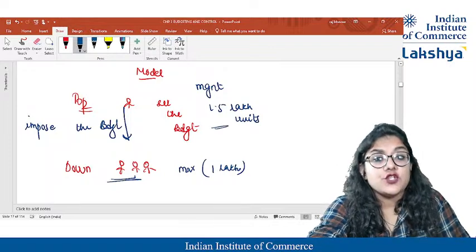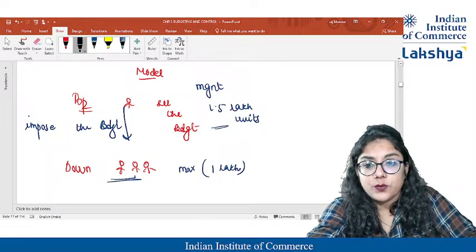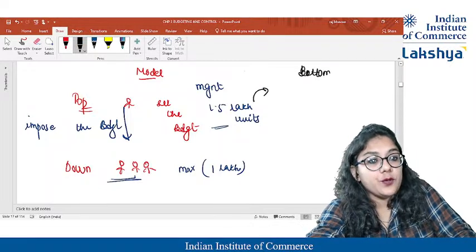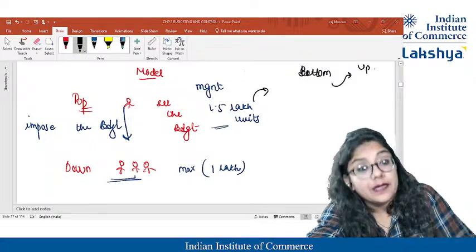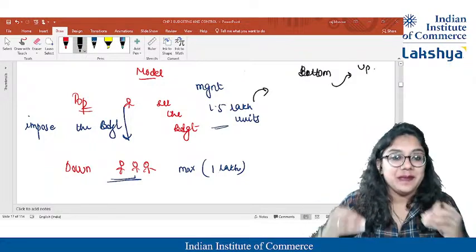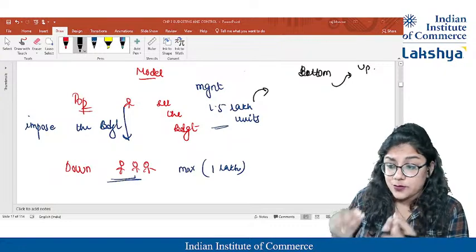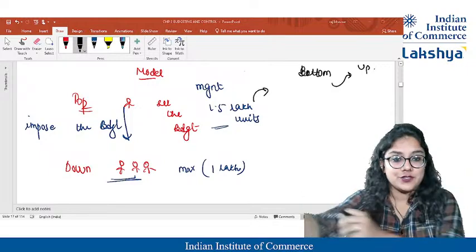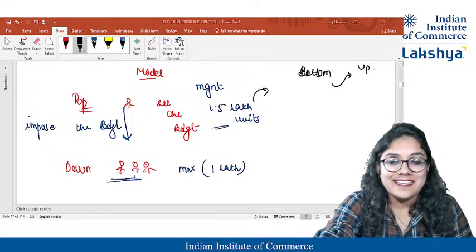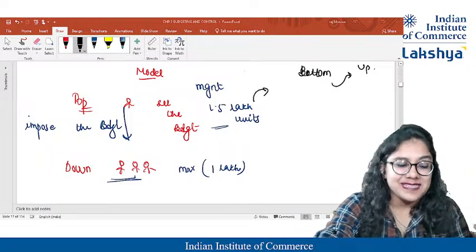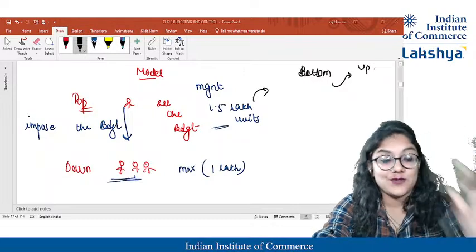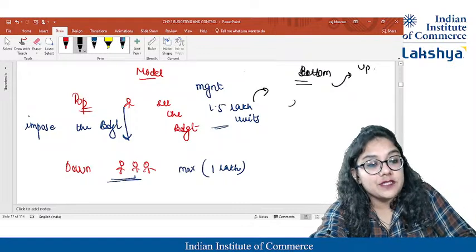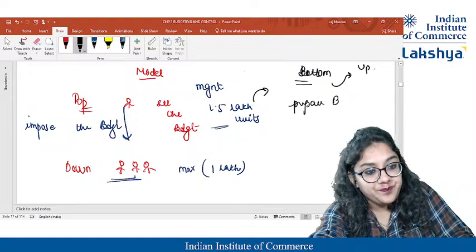So to overcome this situation, there is another model known as the bottom-up approach. Bottom-up approach means let the ground level people, the field workers, the persons who are actually working with the stuff, have an opportunity to give their budgets. The bottom people will first prepare a budget.